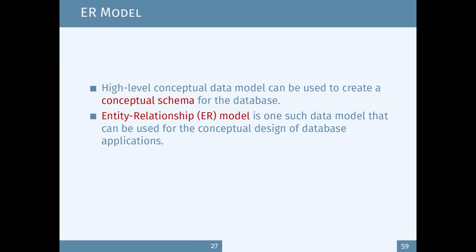So we are going to view the world as entities. For example, in a university environment, we can see student as an entity, lecturer as an entity, course as an entity. And there are relationships. For example, lecturers teach courses, and the students take or follow those courses. Those are called relationships.